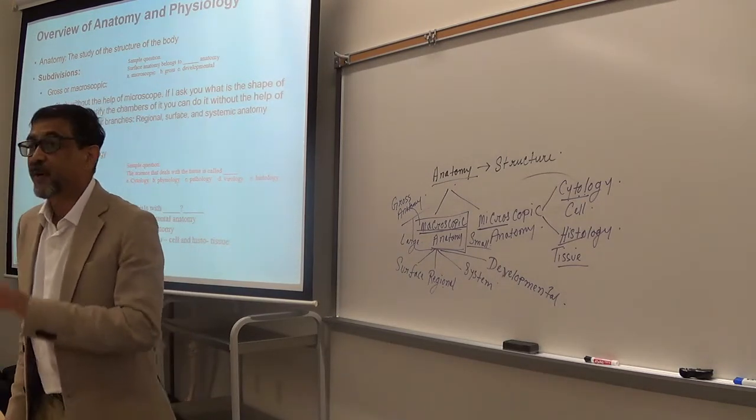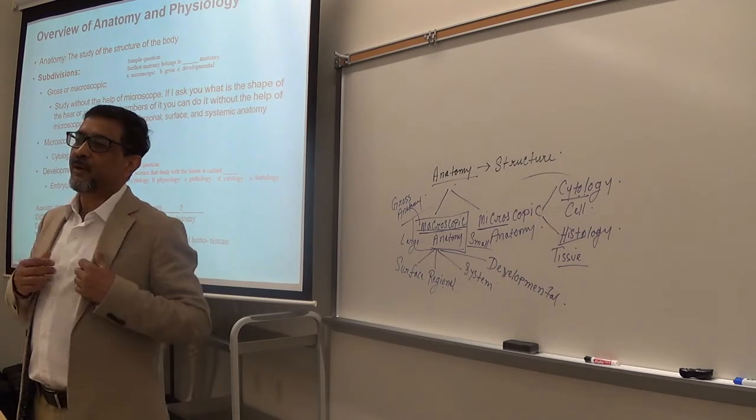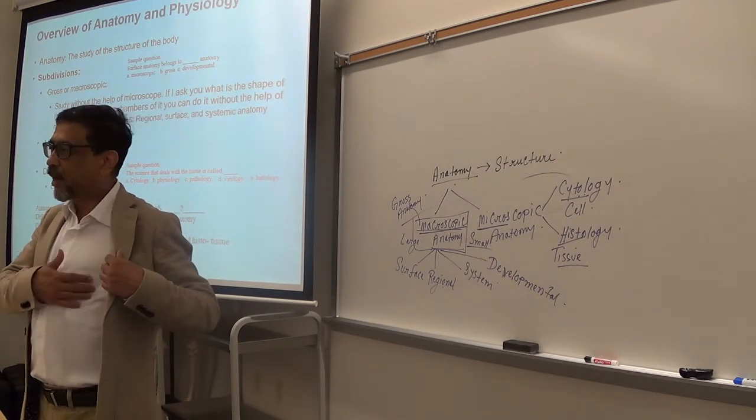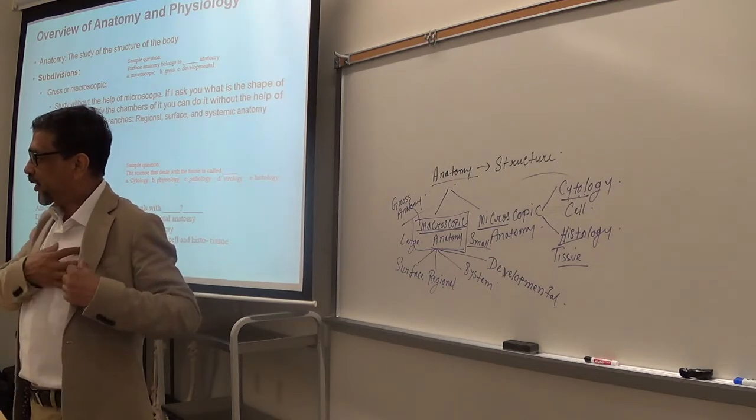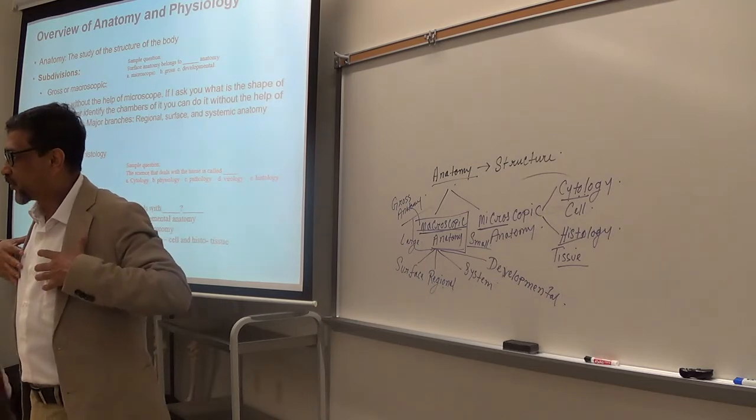Surface anatomy. What is surface anatomy? It is very important. You know, we know that your heart is located on the right side or left side, mostly left side, right? Of the chest or thorax. Okay?